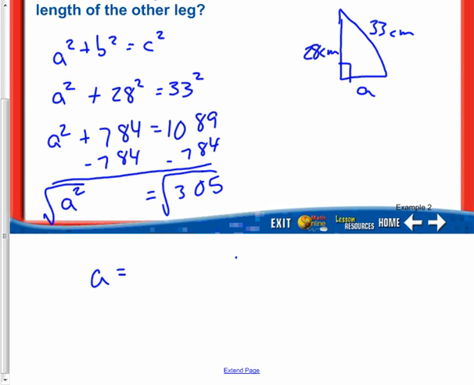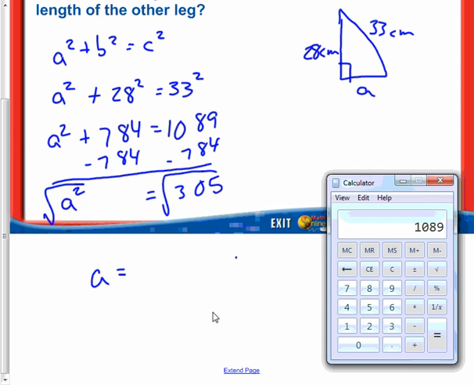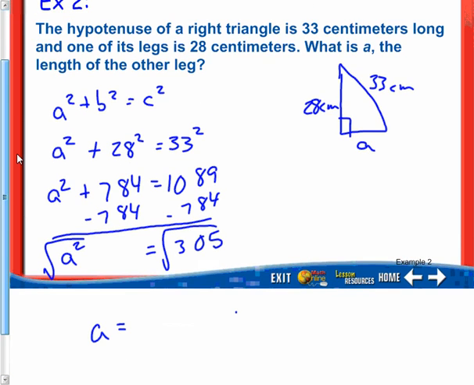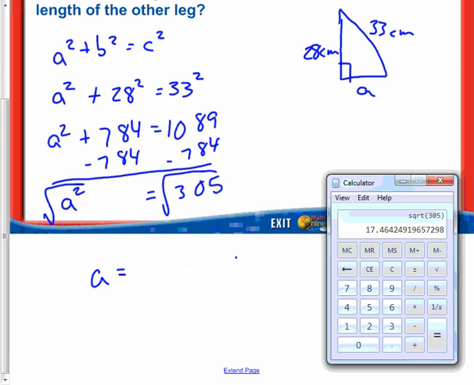So A is equal to, and we'll go ahead and go back and find our calculator, 305, and we'll take the square root of that. So it's about 17.4.5, so 17.5 centimeters.